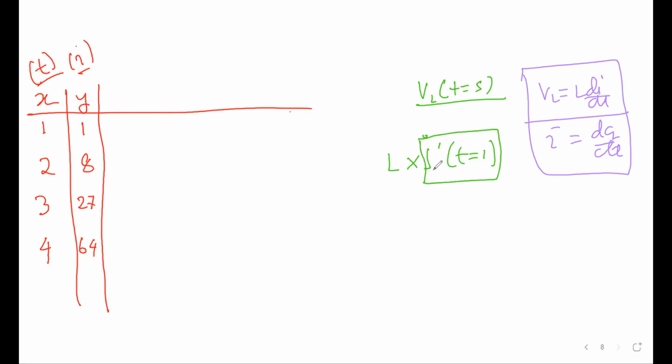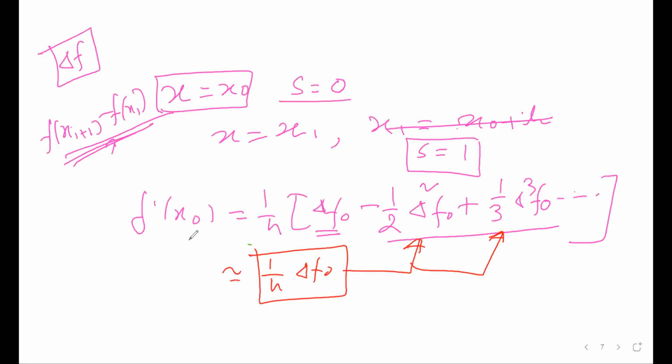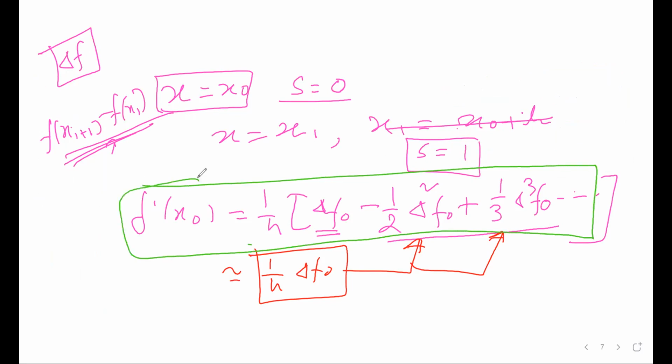So if we want to calculate the derivative at t equal to 1, using this equation with these three terms, we need to form a table that will generate the quantities del f0, del 2 f0, del 3 f0, isn't it? Yes, sir. These are the differences of functions at successive levels of differentiation.